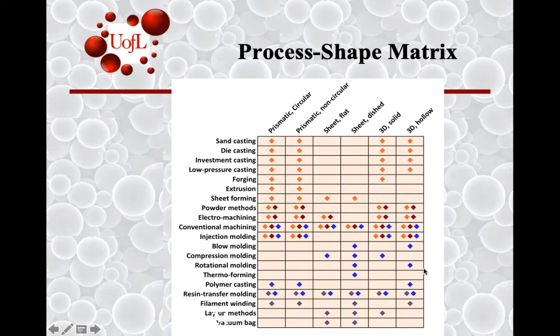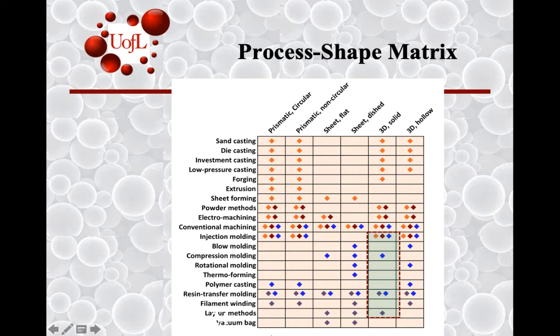And if you look into the process shape combination, where shape is the columns and processes remain the rows, you come across the possibility that here we have certain options for the 3D solid filter out among this lower half over here. And largely what stands out is some form of injection molding, as we suspected, compression molding, which for a thermoplastic is surprising, but what does that mean?